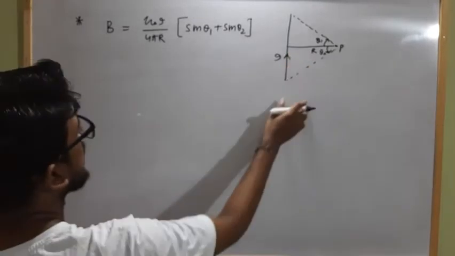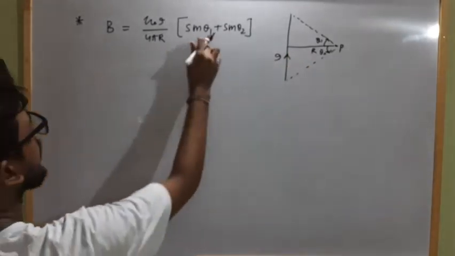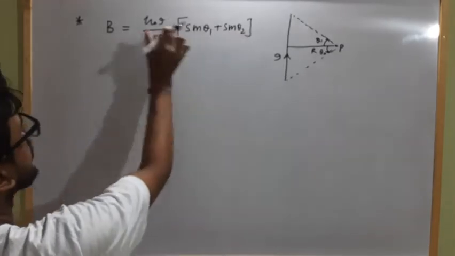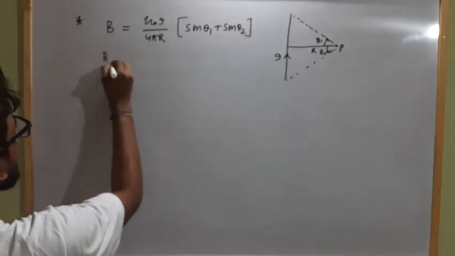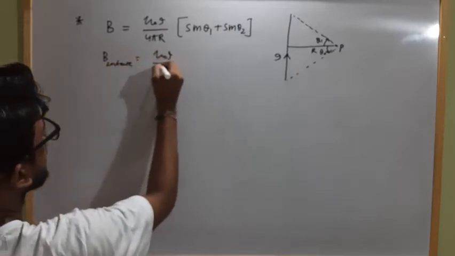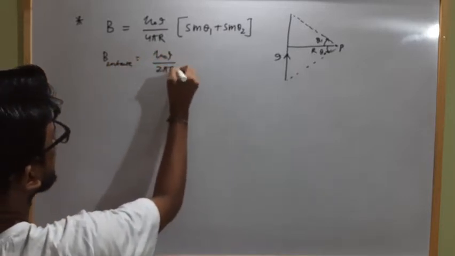Similarly, if the conductor is infinite, theta 1 and theta 2 both become 90 degrees, so the sum becomes 2, and B for an infinite conductor will be mu naught I by 2 pi r.